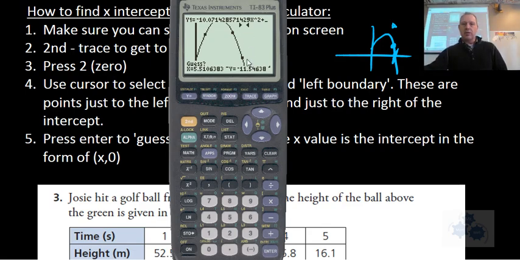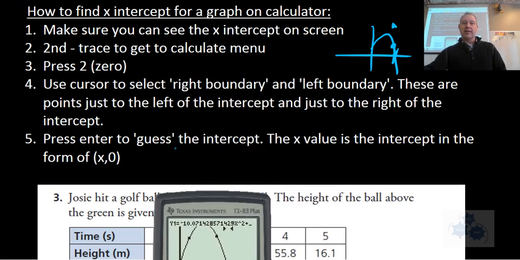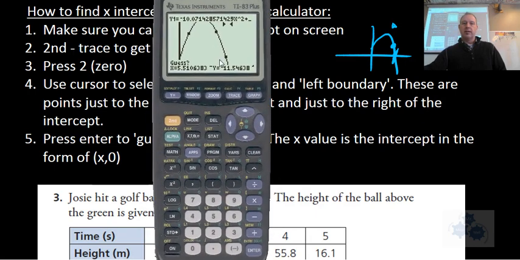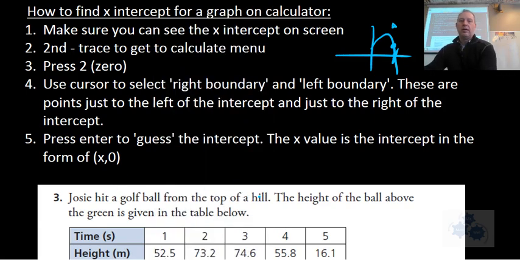And this is exactly where this x-intercept is going to be. Then it'll say guess, so enter the guess. And then it'll say here's the 0. When y equals 0, this is the x value. And for this question, this is going to be the time when the ball is at a height of 0.